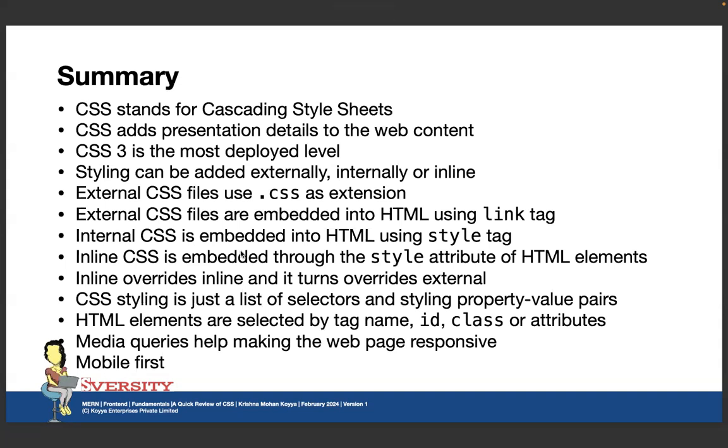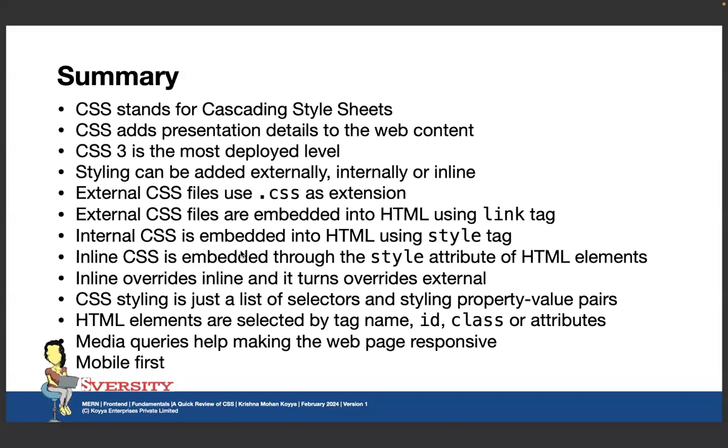And the summary is this finally before we close. CSS stands for cascading style sheets, and its job is to add presentation details to the plain web content. CSS level 3 is the most deployed level, and the CSS can be added externally or internally or inline.